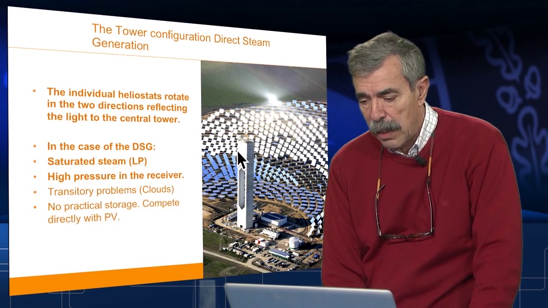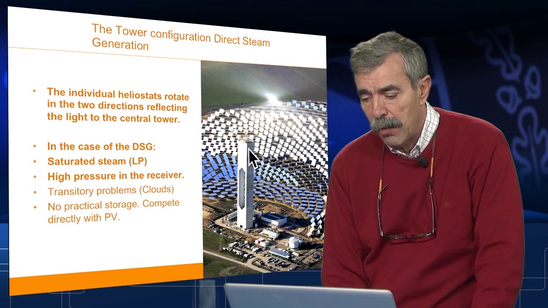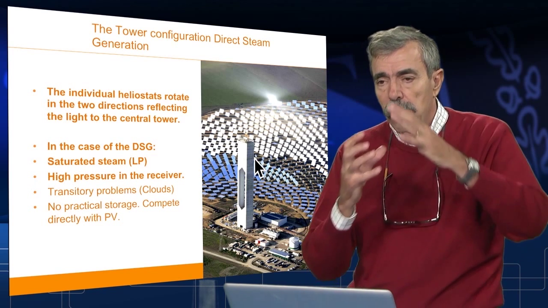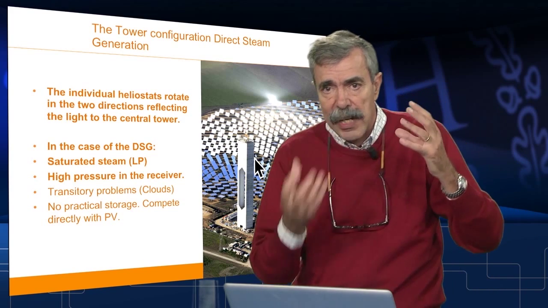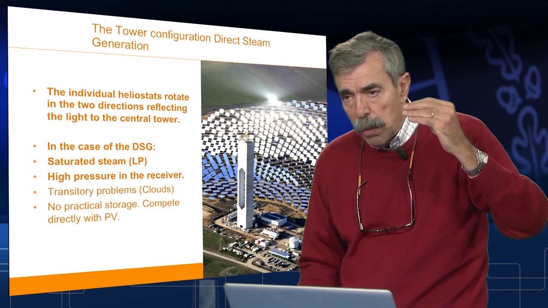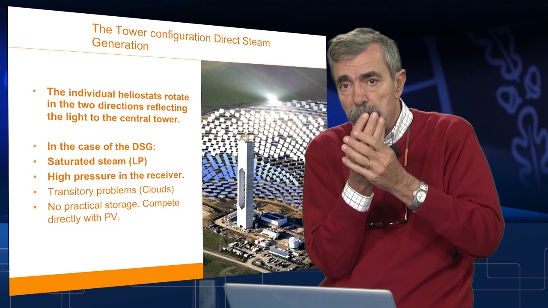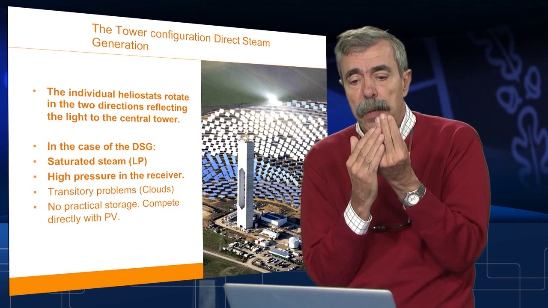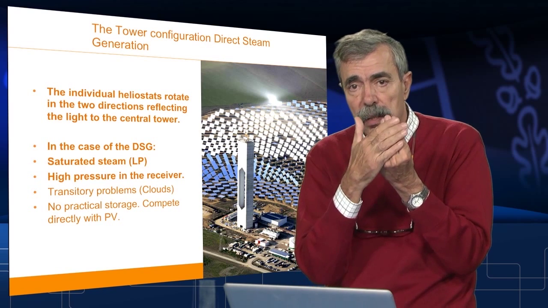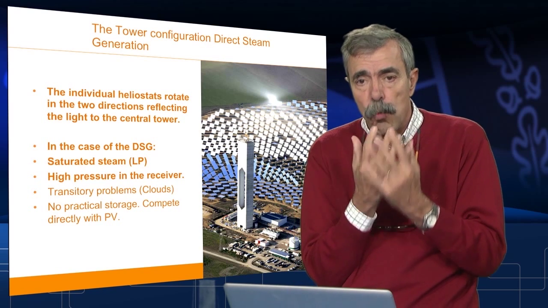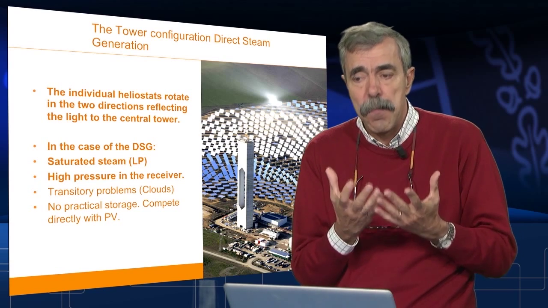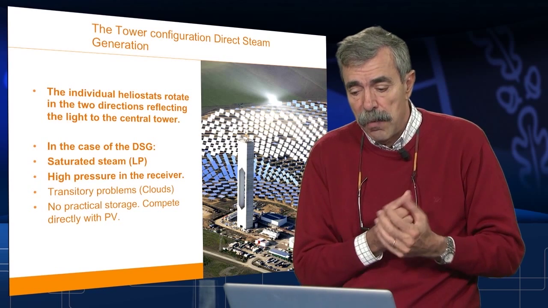Well, once you have the accumulation of energy at the top of this tower, there you have a receiver, and a receiver is like a radiator. You are passing water through the radiator internally, through the tubes of the radiator. The external part of the radiator receives the solar energy, and obviously the water becomes steam, high pressure steam in fact.